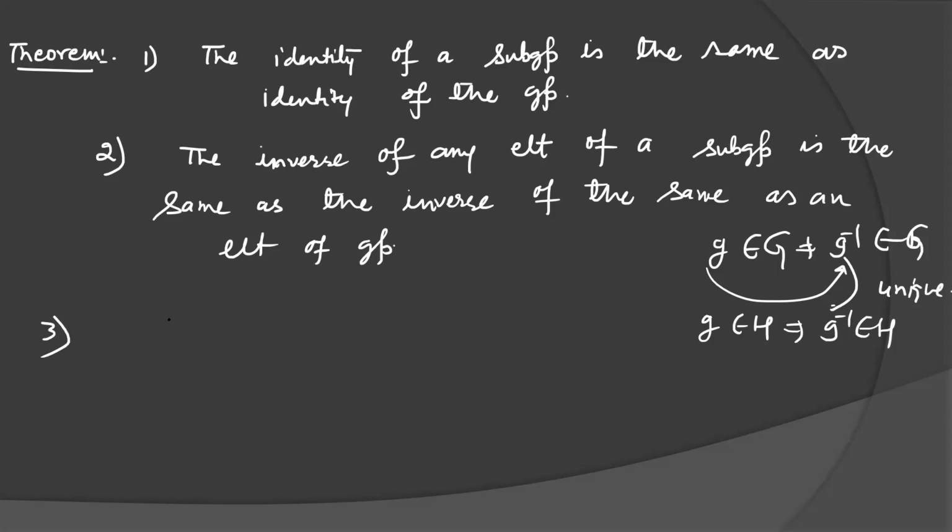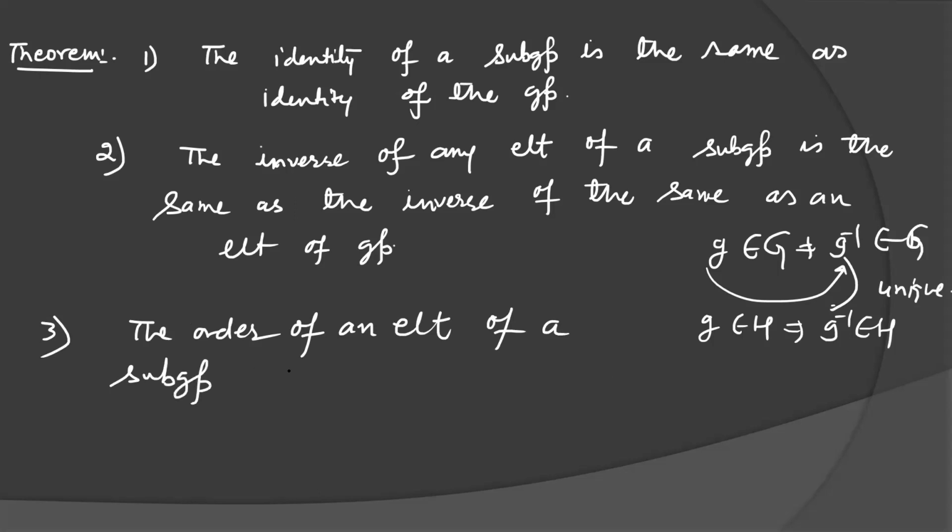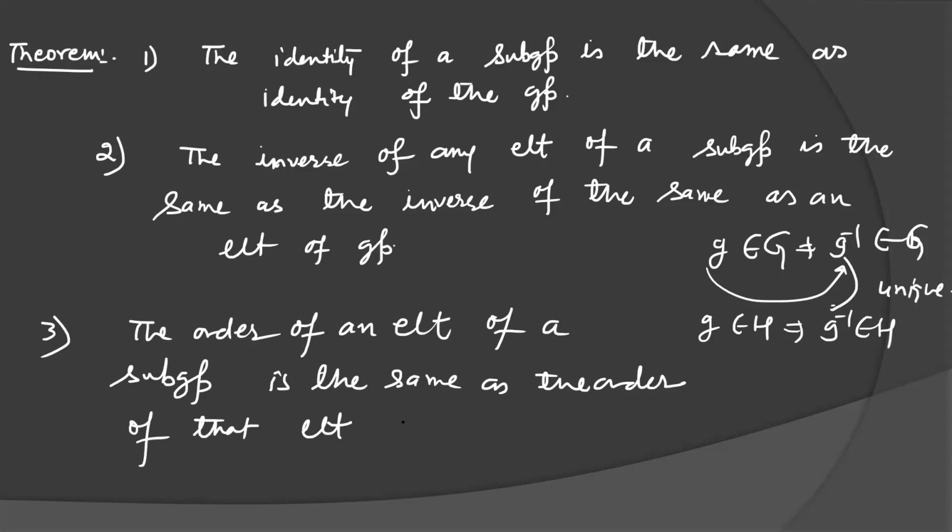Third is the order of, this is very important. The order of an element, I have already discussed this definition, of a subgroup is the same as the order of that element regarded as a member of the group.